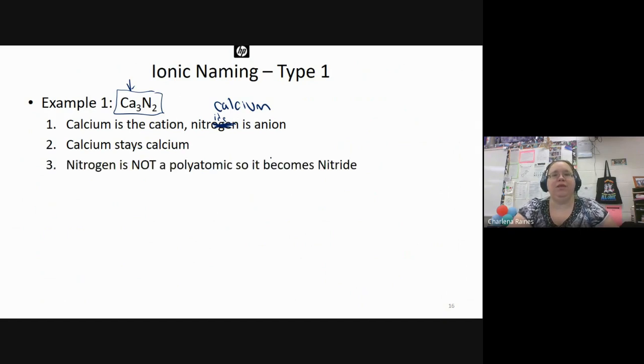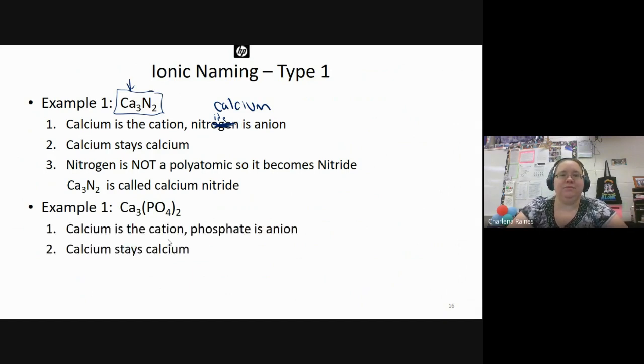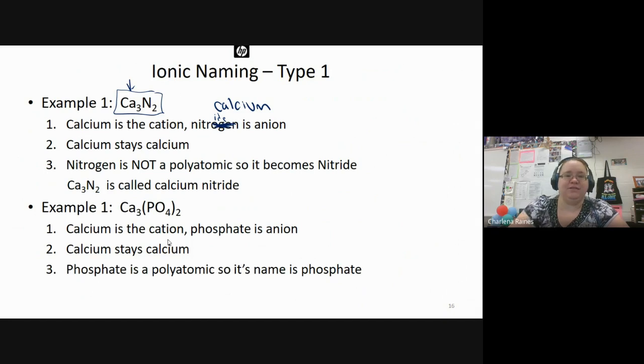So we end up with calcium nitride. Ca3PO4. Oh, for some reason I like picking on PO4. So PO4 we already know is phosphate. Ca we already know is calcium. Put them together and you get calcium phosphate.